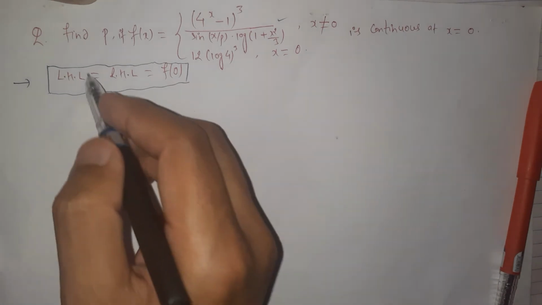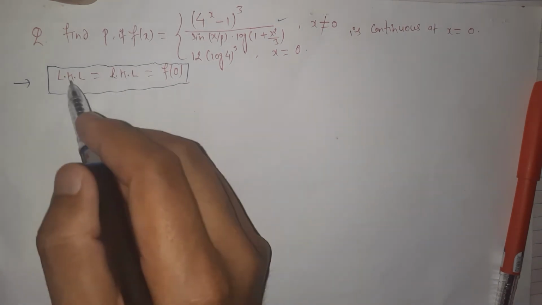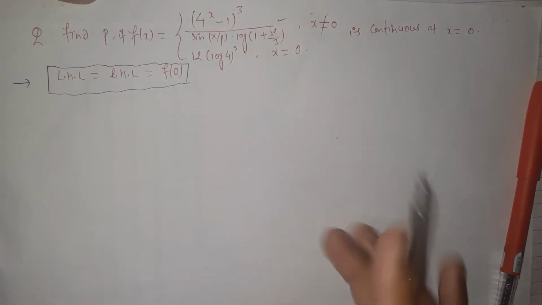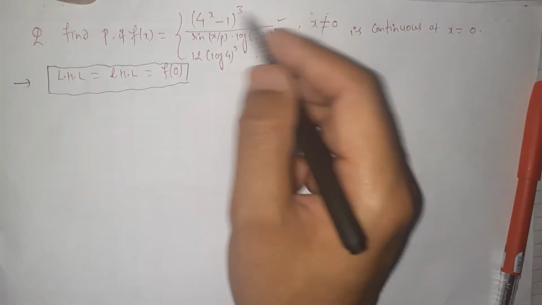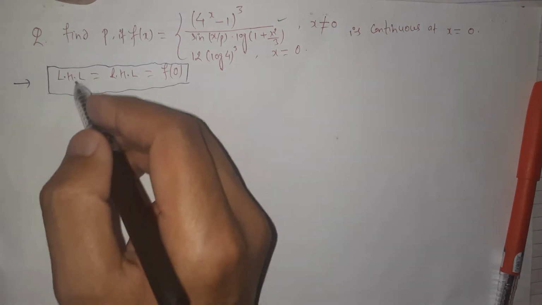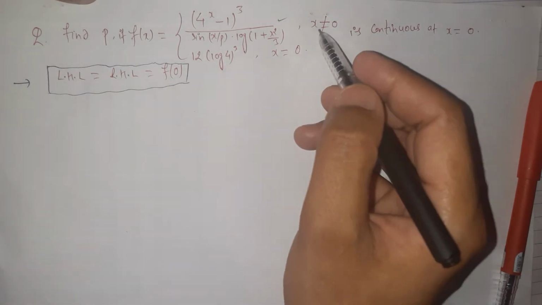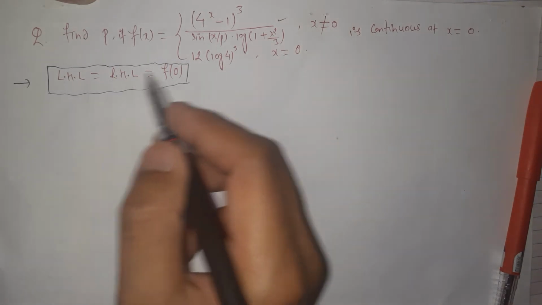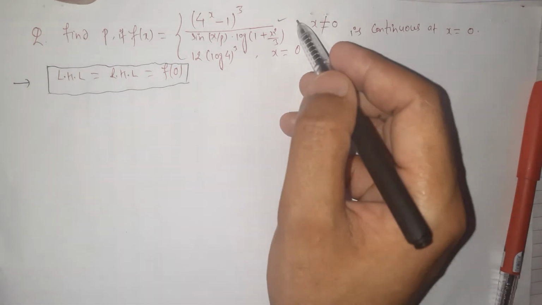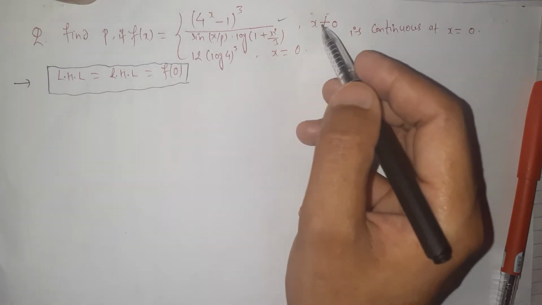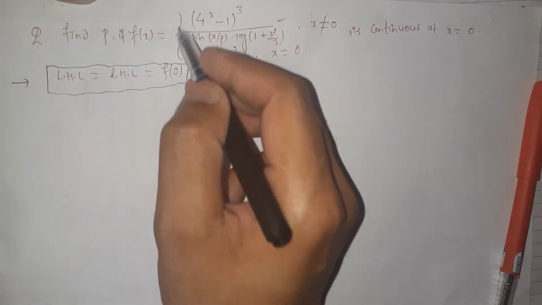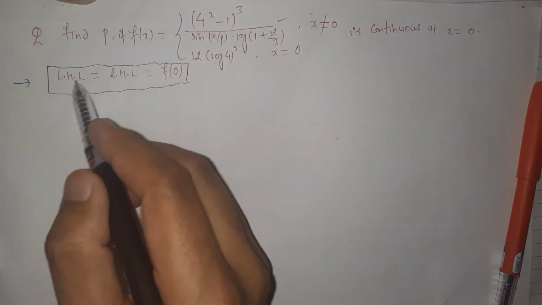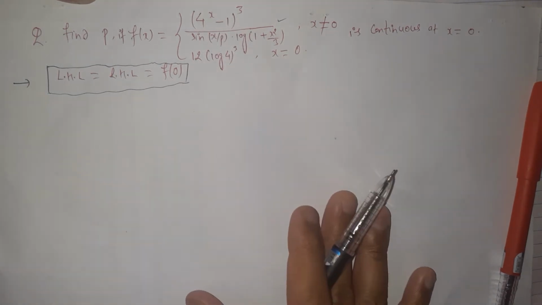So there is no need to calculate the left hand limit and right hand limit separately, because the same function is used for both cases.